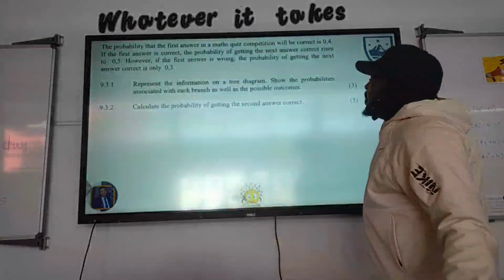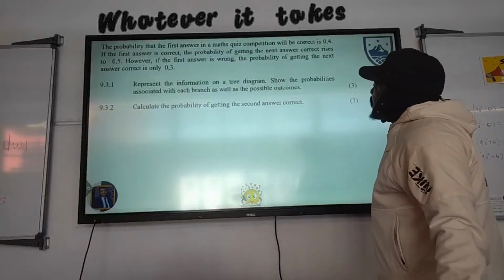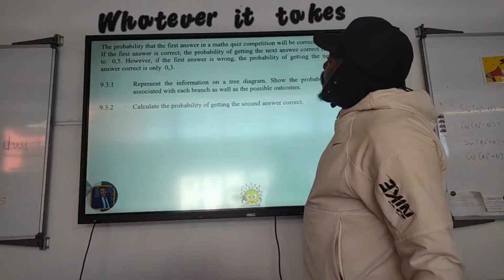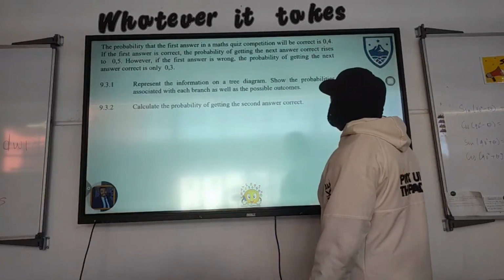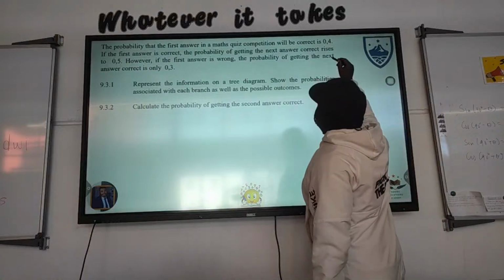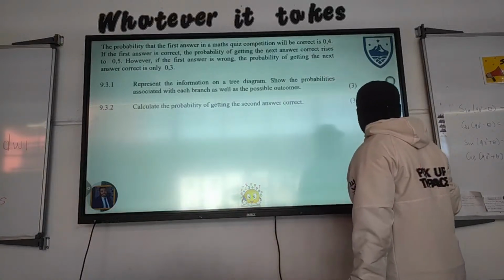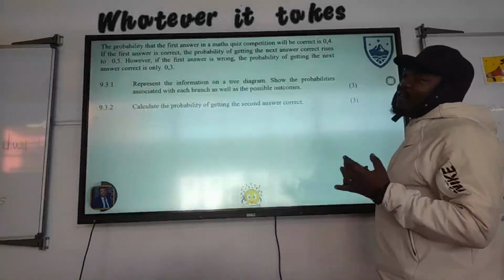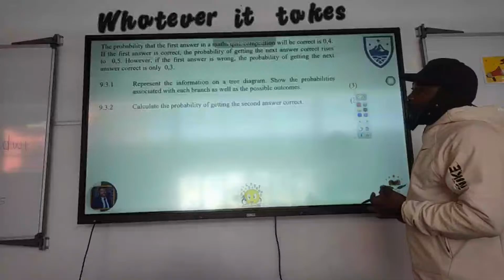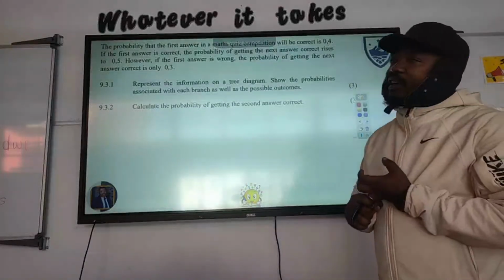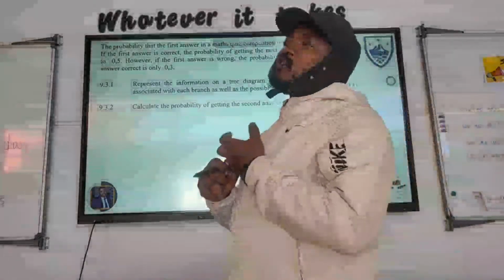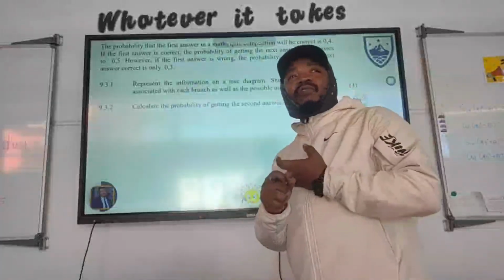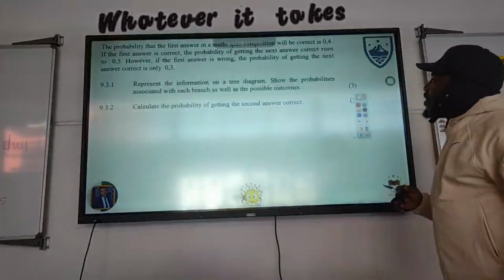The probability that the first answer in a math quiz competition will be correct is 0.4. From the statement, you need to figure out if you are having a Venn diagram, a contingency table, or a tree diagram.